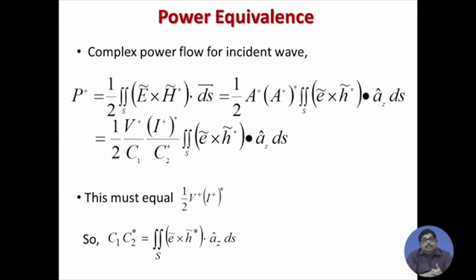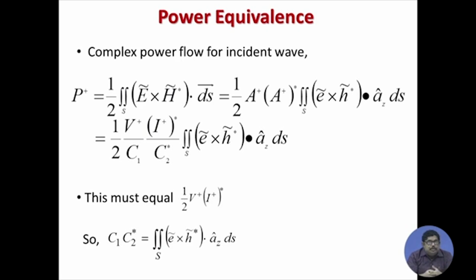Now, the demand is instantaneous power flow should be equal to V I. So, in terms of complex quantities, the average power flow should equal half V plus I plus star. So, the first equation, the top equation, we have written in terms of field, and the second equation that it should be equal to this half V plus I plus star.